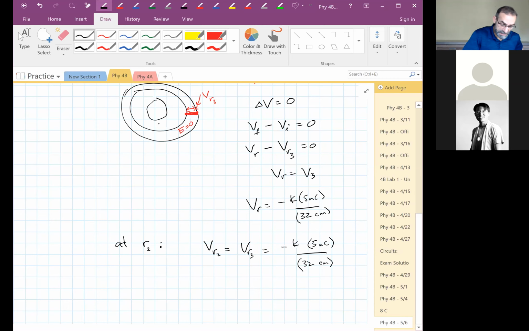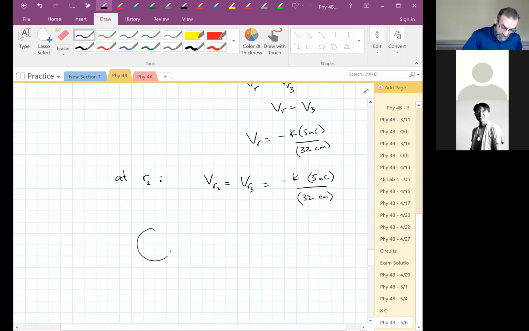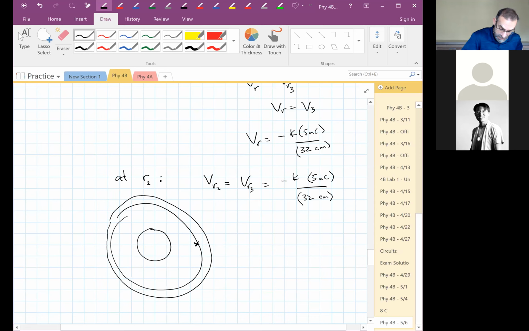Now we're going to go inside of that next region. So now we're in here, right? Where there's the inner one. We're starting here. This is our initial. And we're going to a final location over here, somewhere, any arbitrary location.